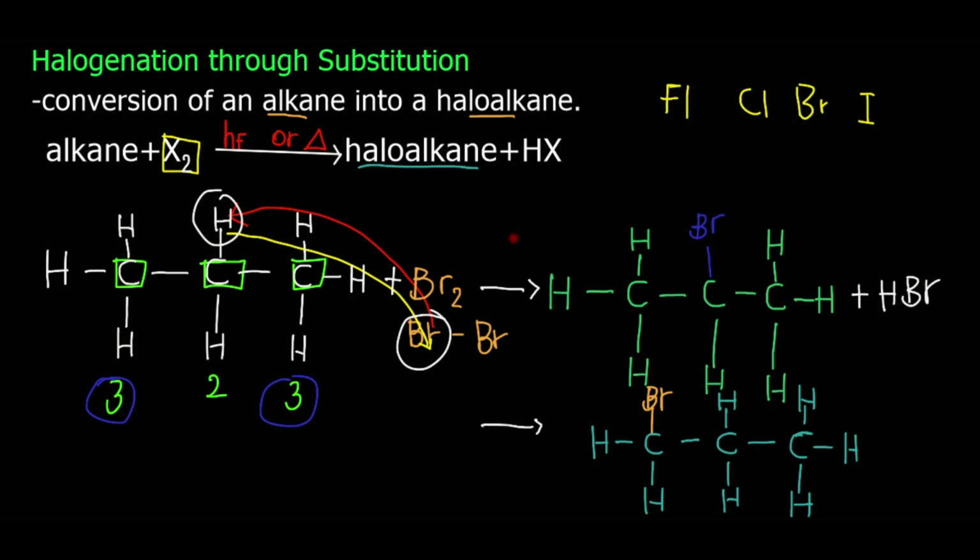This one is the major product, and this one is the minor product. So every time you deal with this substitution reaction, you need to look at what the question says. If the question asks for a major product, you use this Zaitsev's rule, and if it asks for a minor product, you do the vice versa.